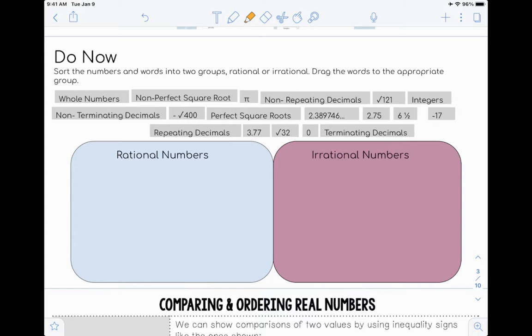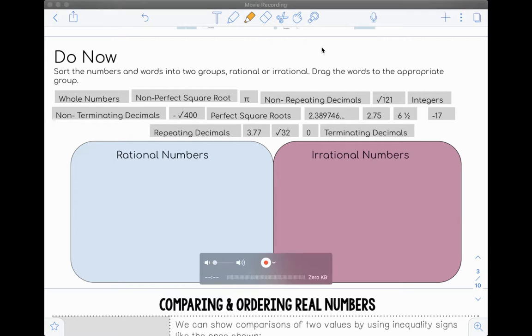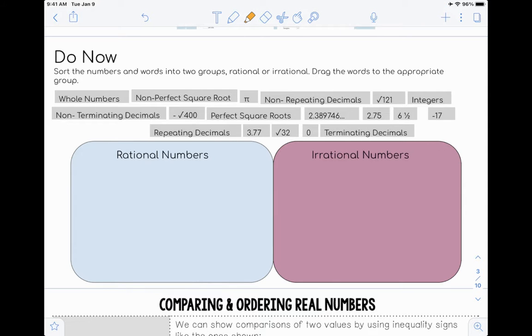And when you're done, I'm going to have you take a look at the key to see if your answers agree with the key.